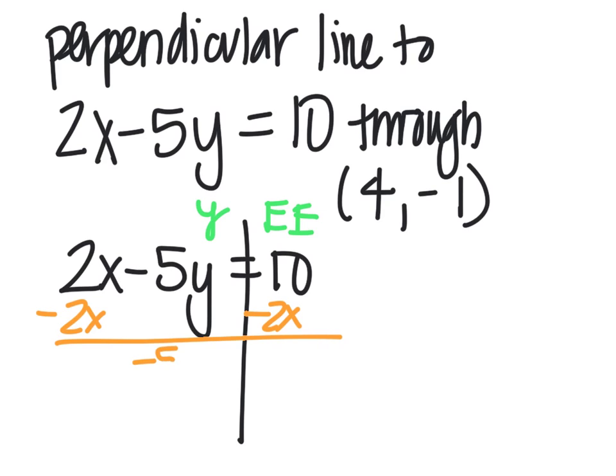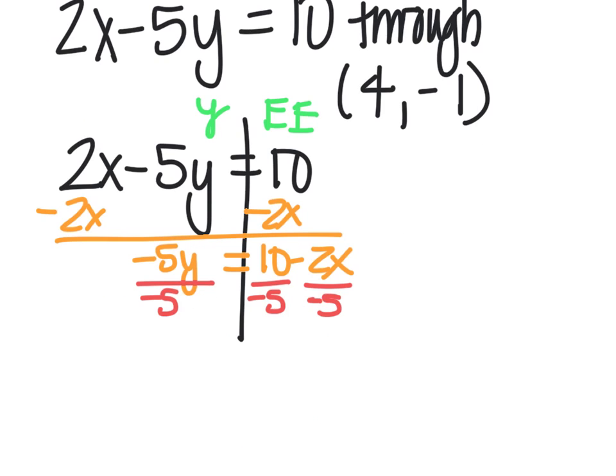So we have negative 5y equals 10 minus 2x. And then our final step to get y by itself is divide everything by negative 5. So our equation of our line ends up being y equals negative 2 plus 2 over 5x.